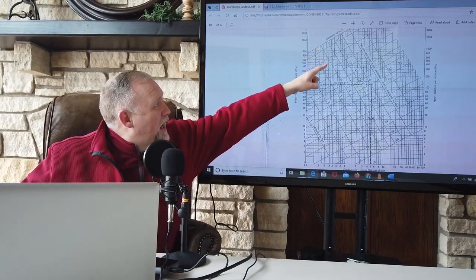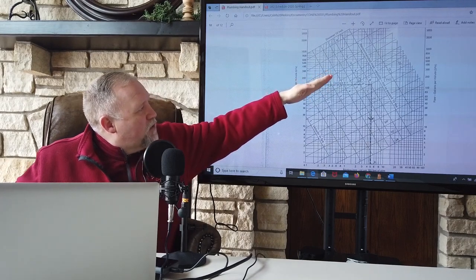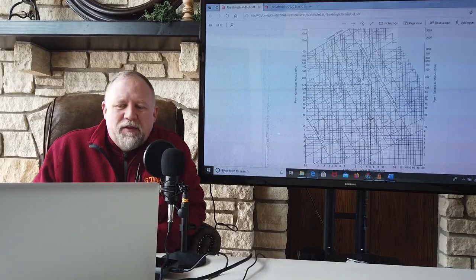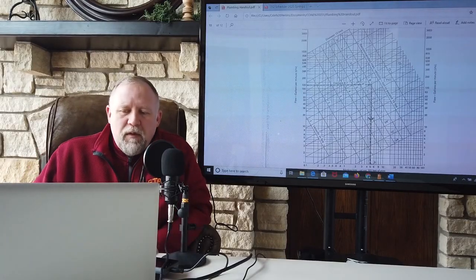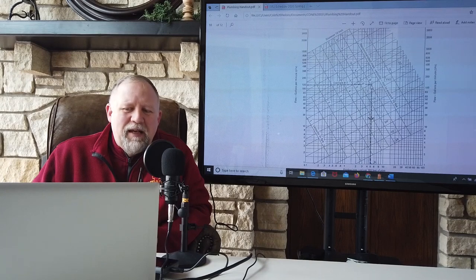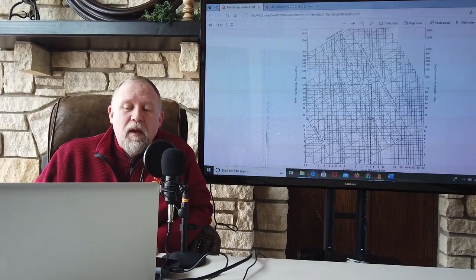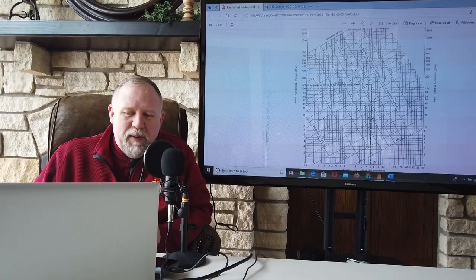See the 10, 8, 6, 5, 4, those lines going this way? Those are all pipe diameters. The way to do this is you find the smallest pipe diameter that lines up less than 8 feet per second if it's a buried water main, or 6 feet per second if it's above an office or a hallway. But you find the smallest pipe size that would fit.